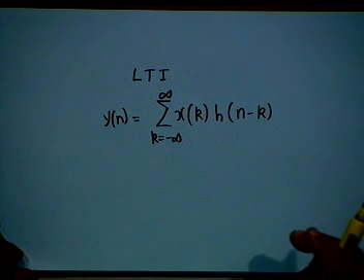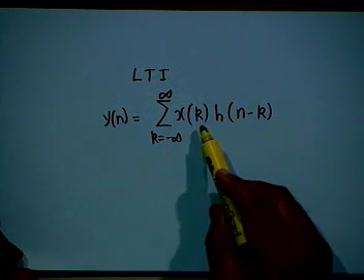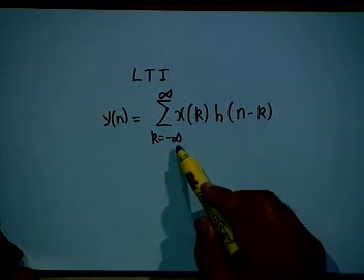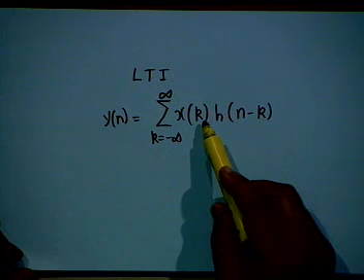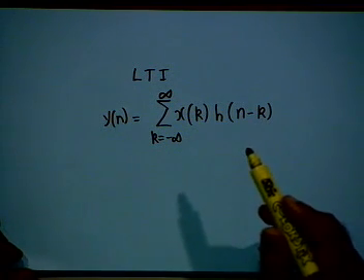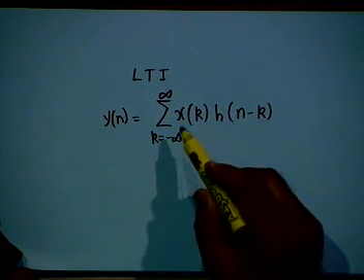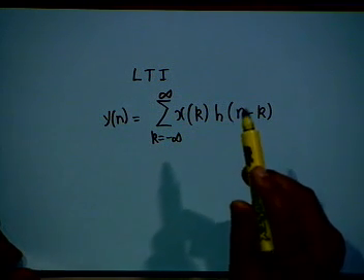For special cases, the limits change. For example, if x of n is causal, then the lower limit becomes 0. If x of n is causal and h of k is also causal, then the lower limit is 0 and the upper limit becomes small n. Agreed?